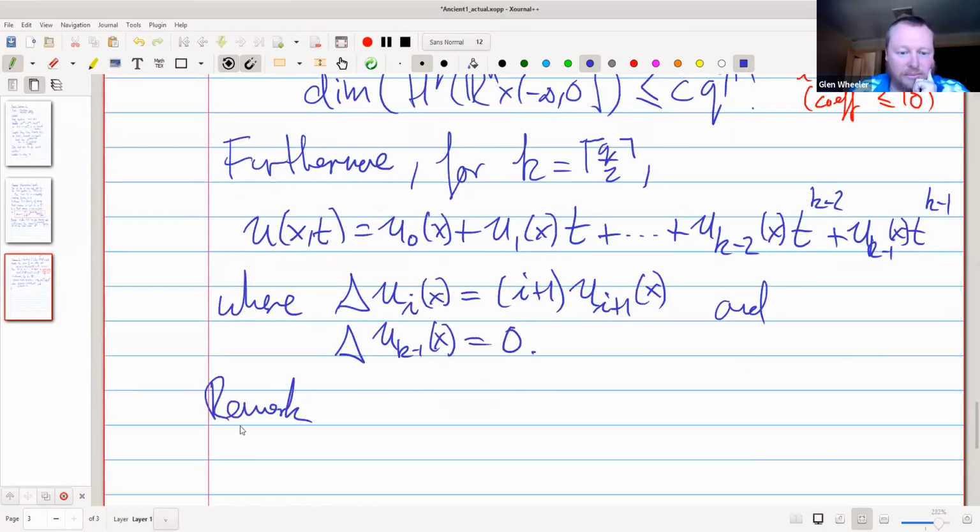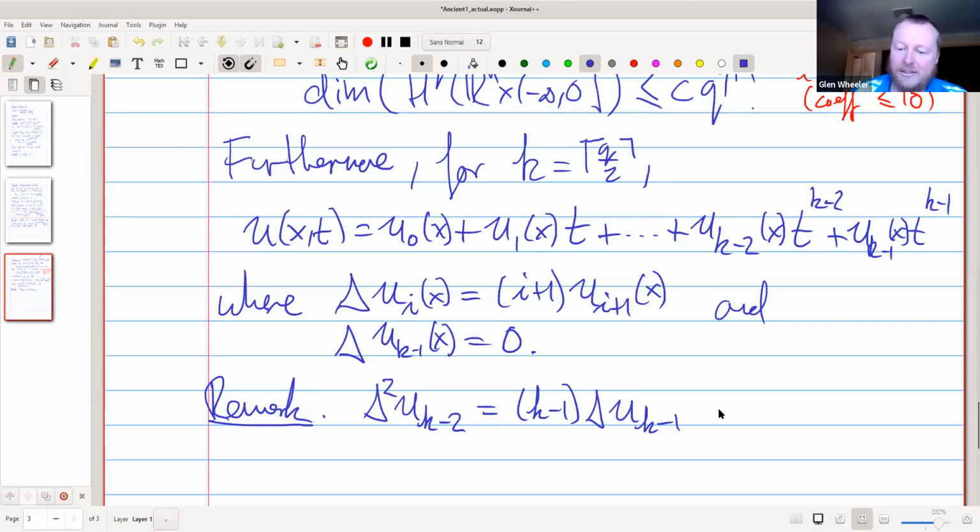Remark. Okay, this is not really a very deep remark, but if the Laplacian of uk minus 1 is 0, then the Laplacian of uk minus 2 is k minus 1 Laplacian of uk minus 1. Oops, sorry, Laplace squared. That's what I meant to say. And that's 0.